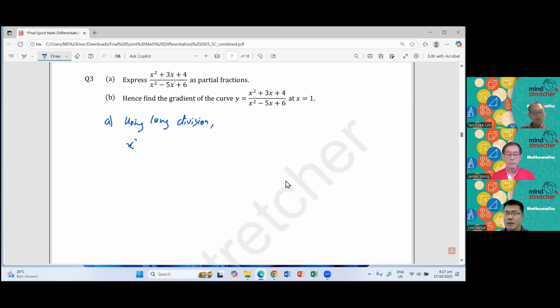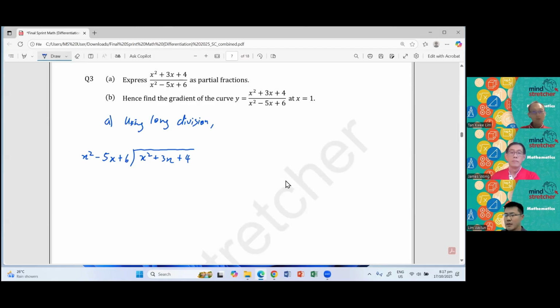Let me rewrite this, which is x squared plus 3x plus 4, and this one is x squared minus 5x plus 6.